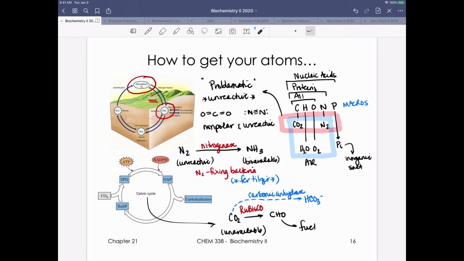Now, this is not something even plants have the ability to do themselves. Usually they will have a commensal nitrogen-fixing bacteria that might live in their root nodules. Otherwise, you probably have to provide a nitrogen source to plants as fertilizer. So again, a really important enzyme that's part of what we call the nitrogen cycle.